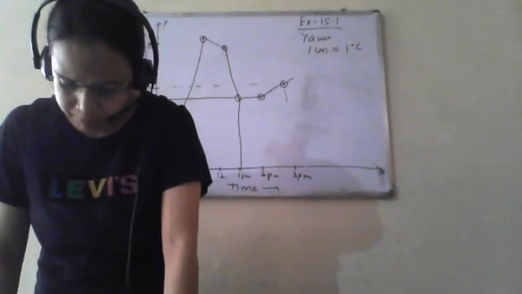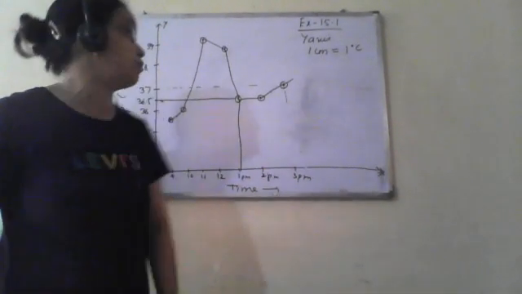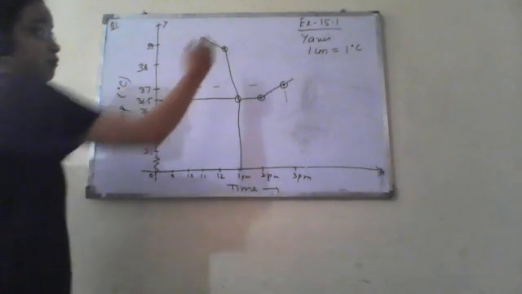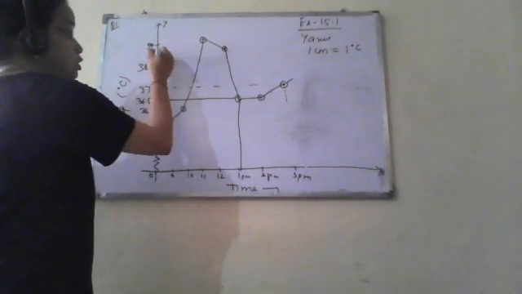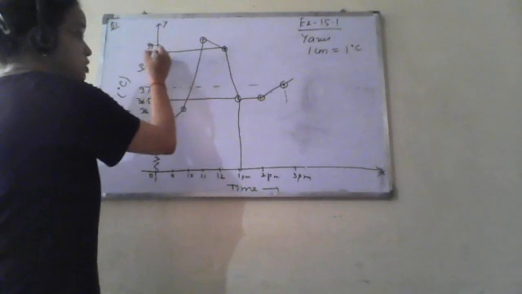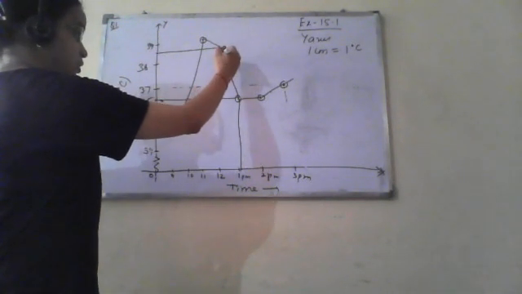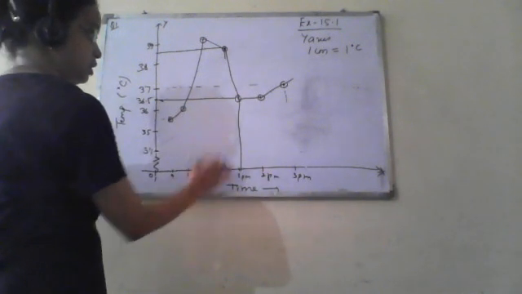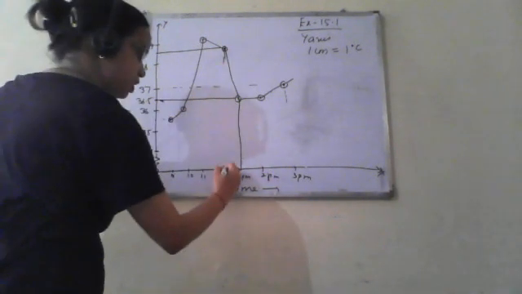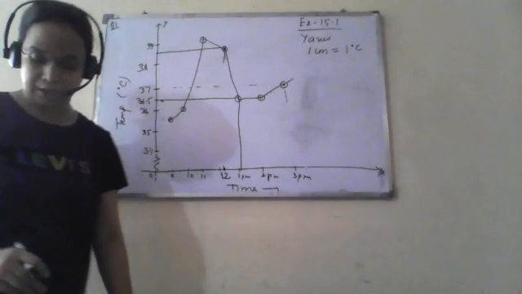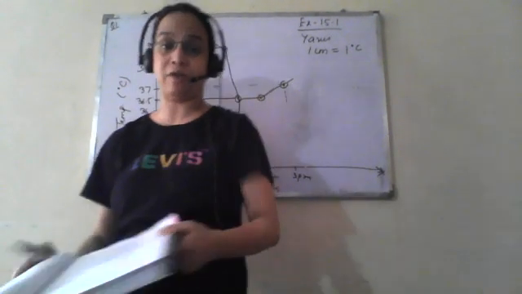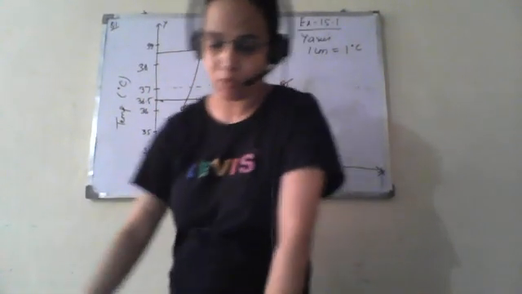Now, when was the patient's temperature 38.5? We see 38.5 is lying here. Corresponding to this value of the y-axis we can read it on the x-axis. It comes out to be 12 noon. So at 38.5 degree centigrade, his temperature was at 12 noon.